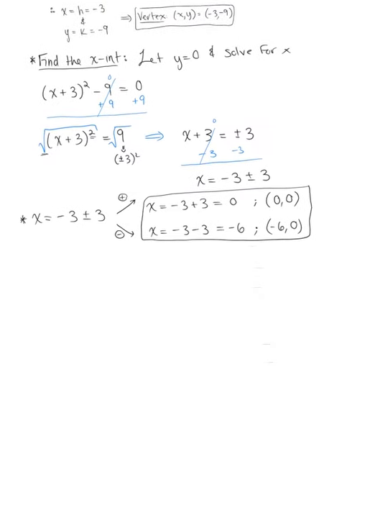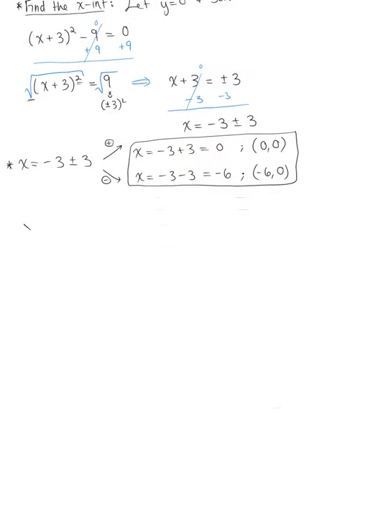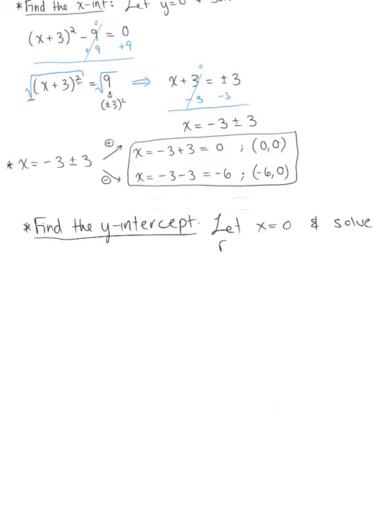And then last but not least, we need to find the y-intercept. There's only going to be one y-intercept. Very similarly, we're going to let x be equal to 0 and solve for y.